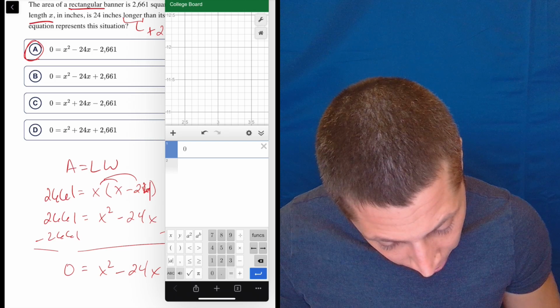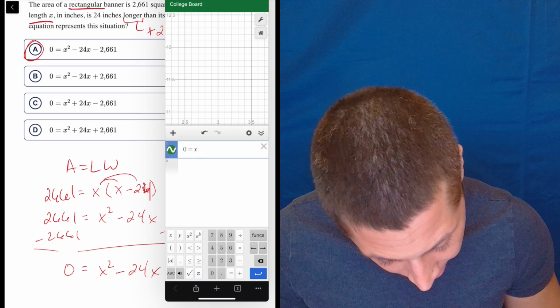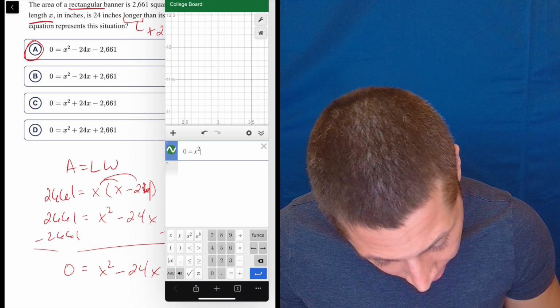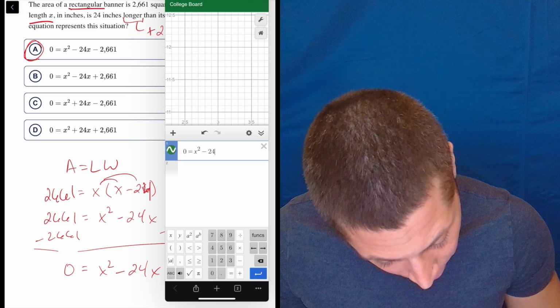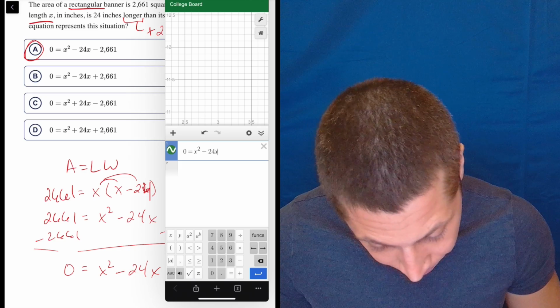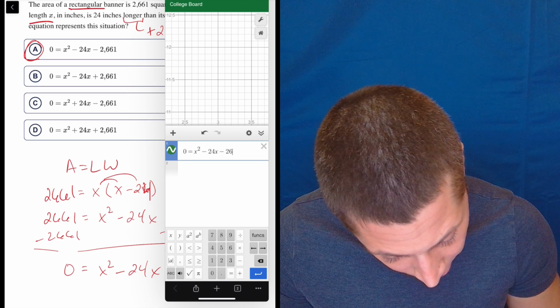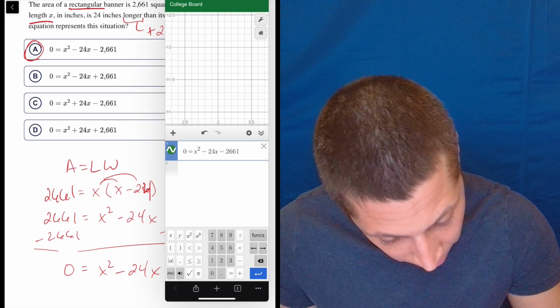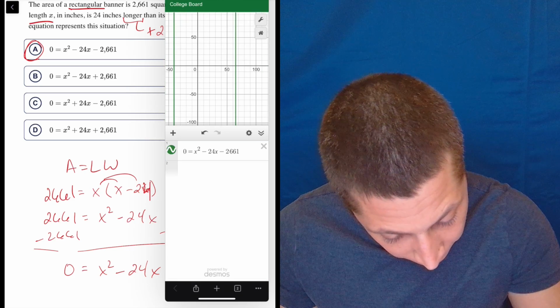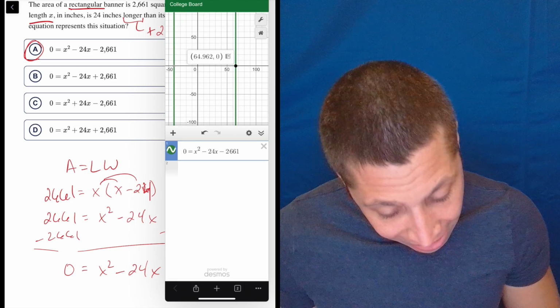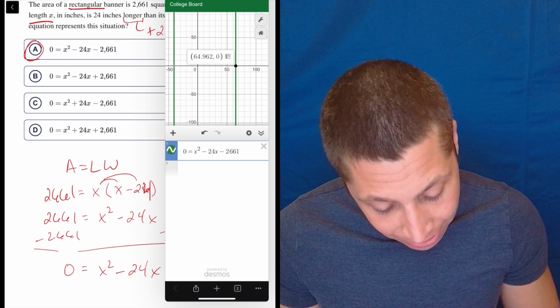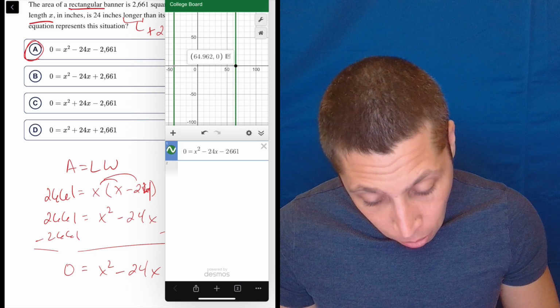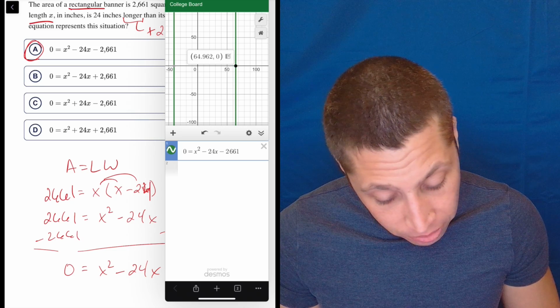So 0 equals x squared minus 24x minus 2661. Somewhere we're going to get a value. Oh, there it is. So that's my x, 64.962. That's my length. My width is going to be less than that.